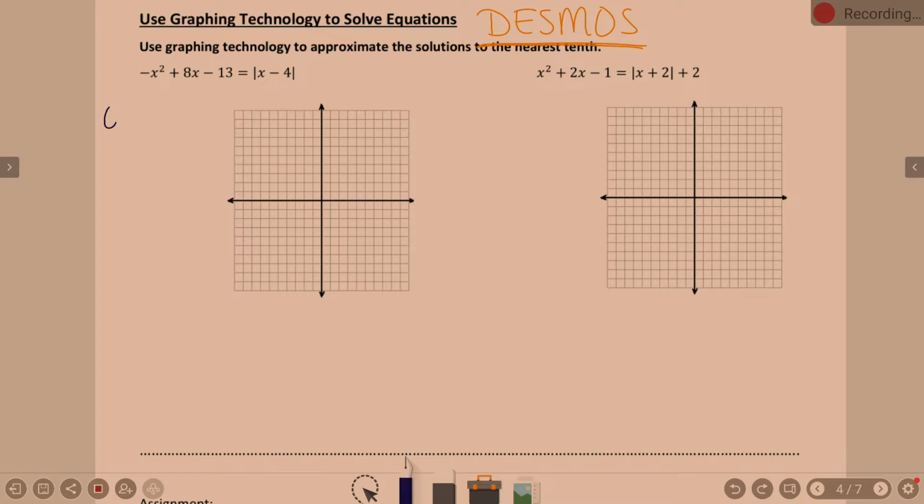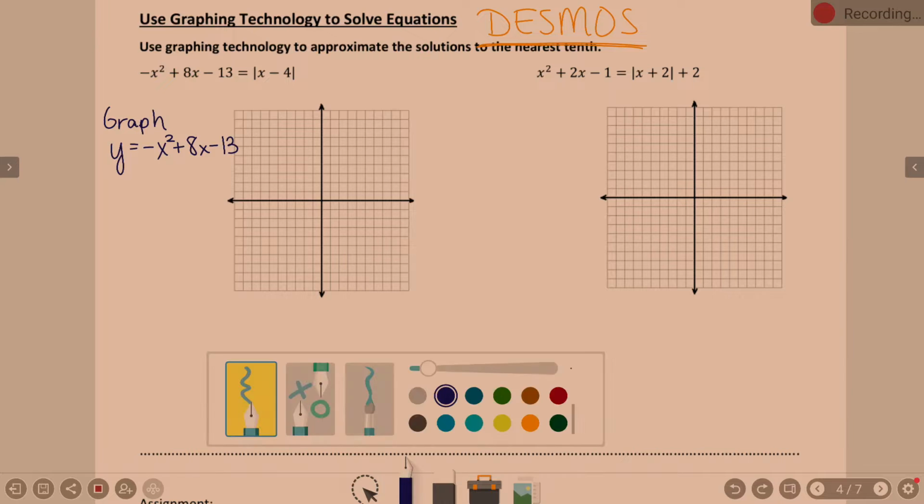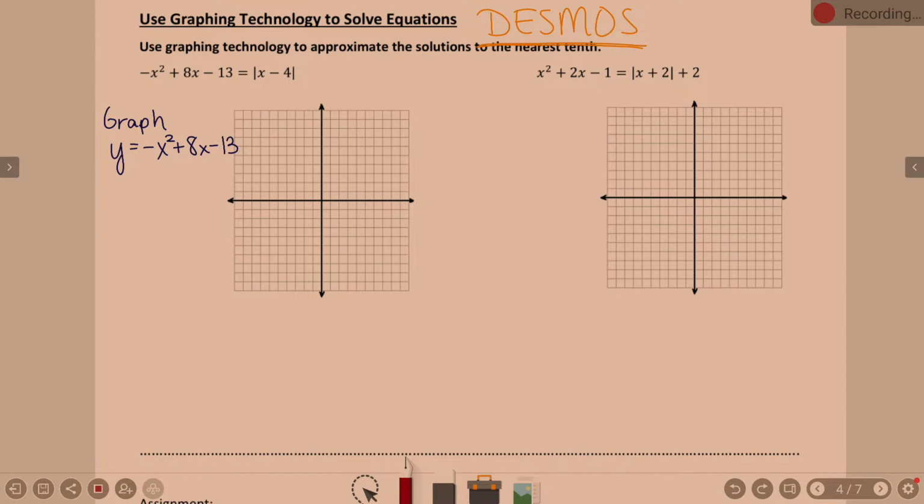We're going to graph y equals negative x squared plus 8x minus 13. And then you're going to graph y equals absolute value of x minus 4. And then what are you going to look for? Where they cross.